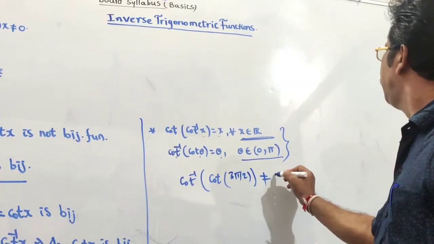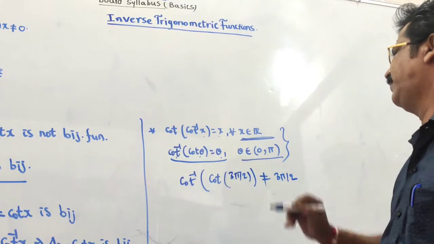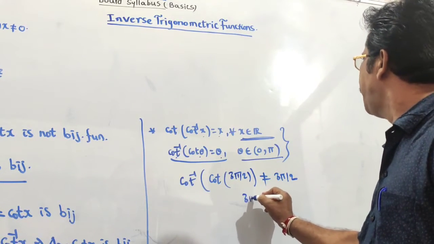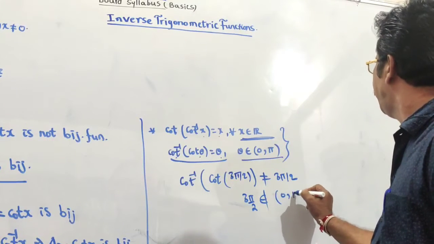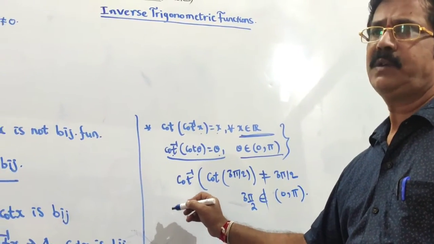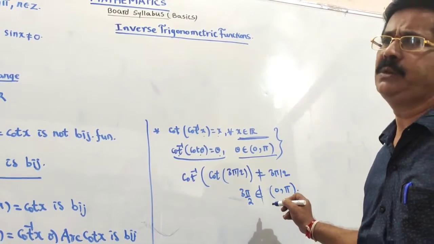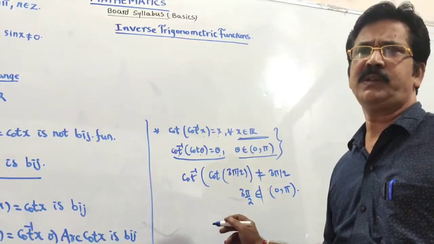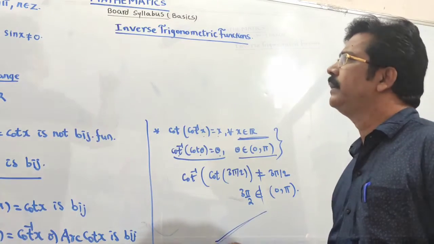It is not equal to 3 pi by 2, because 3 pi by 2 does not belong to the open interval of 0 to pi. Similarly, cot inverse of x1 equal to cot inverse of x2 implies x1 equal to x2, because cot inverse is also a bijective function. This is all about cot inverse x.